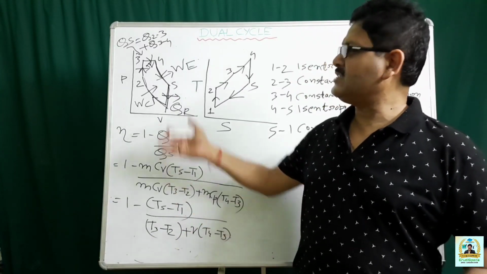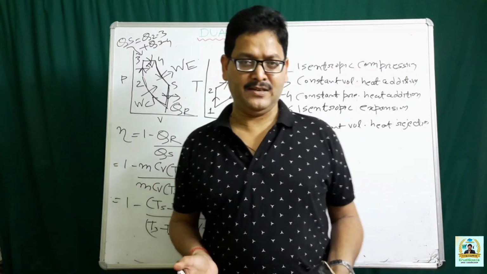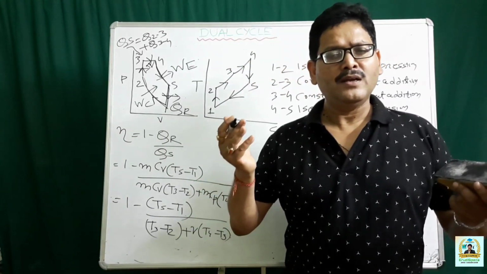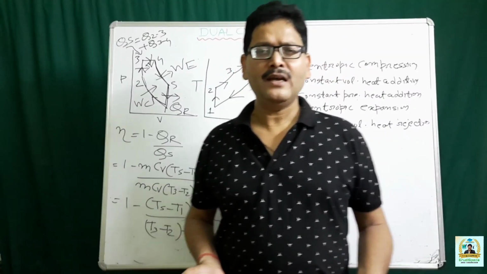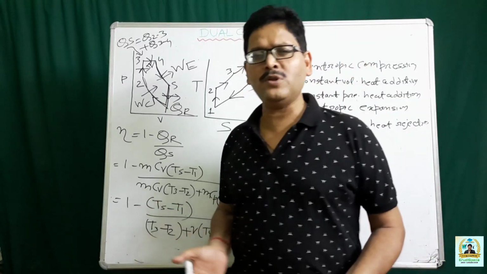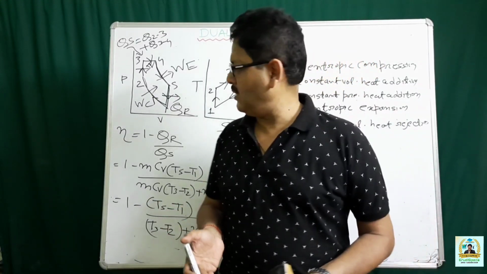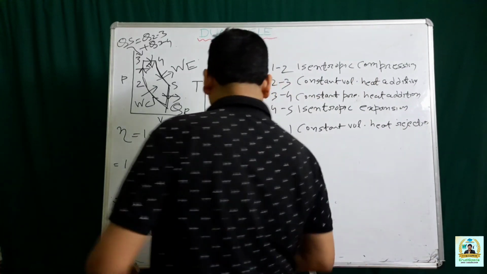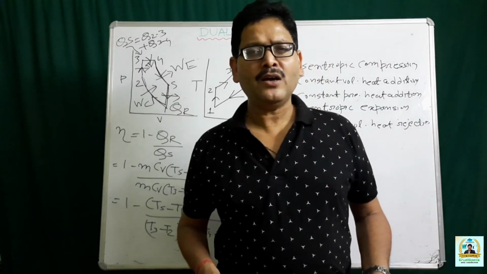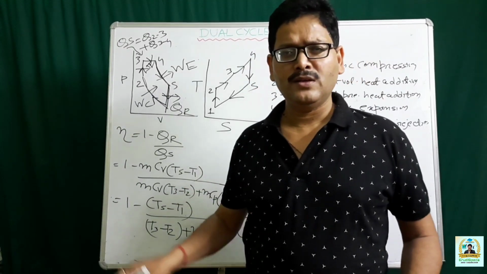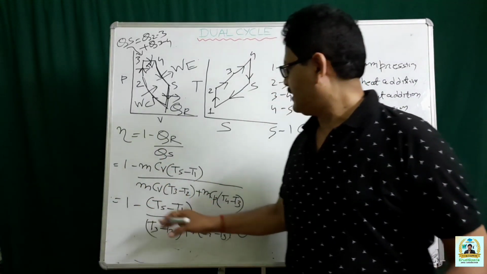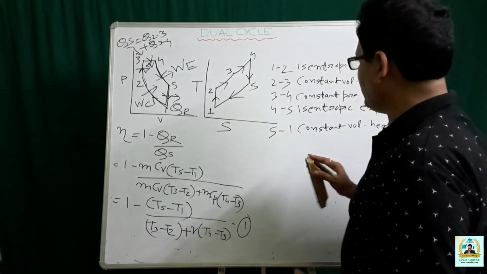That's why this is also known as the semi-diesel cycle. We also call it the limited cycle, and dual cycle obviously is the name with which we are all well acquainted. So let this be equation 1, and this actually represents the expression for the air standard efficiency of the dual cycle in terms of temperature parameters at cardinal points.